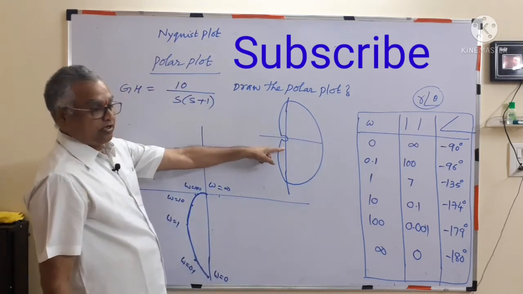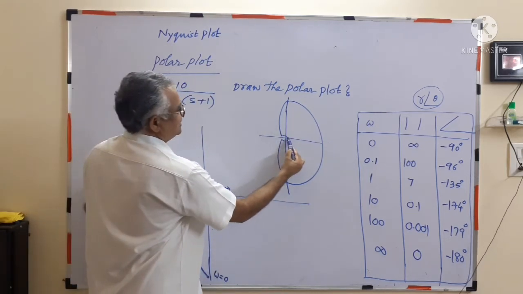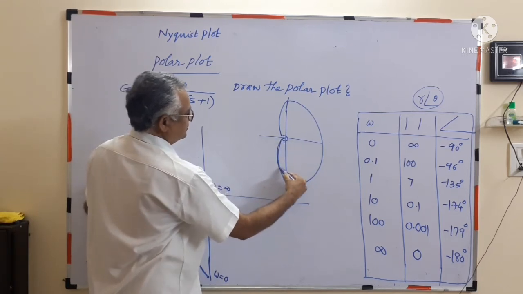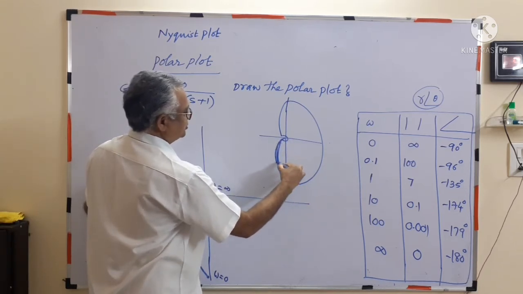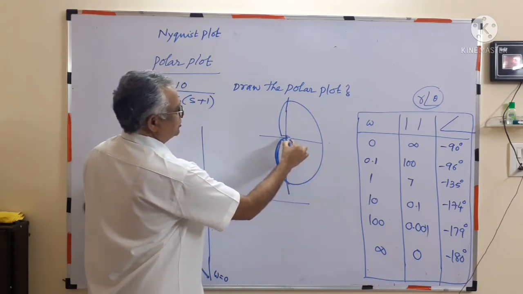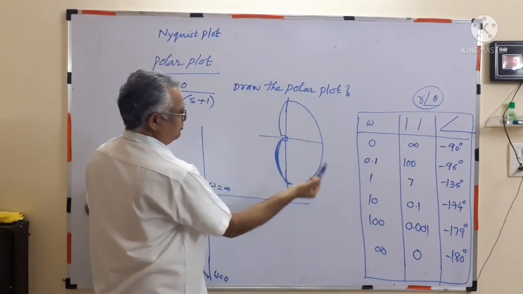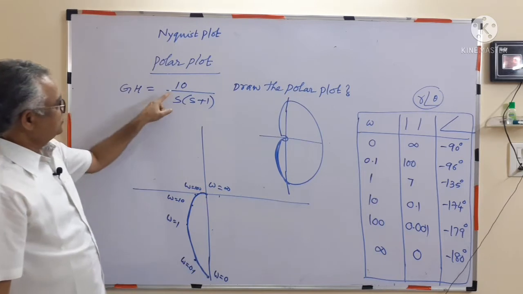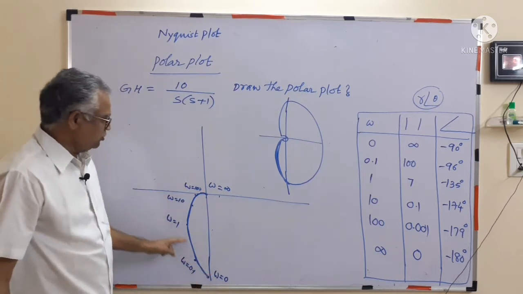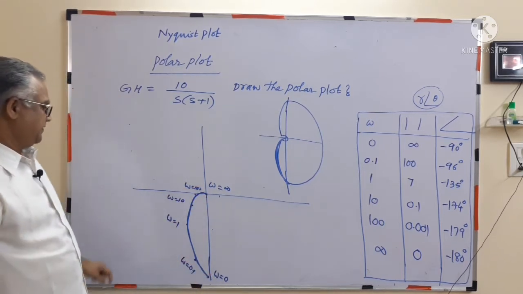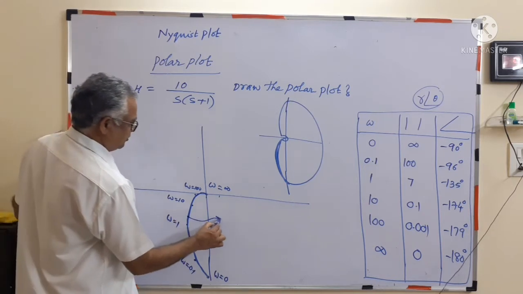But this is almost 0, so you can also connect like this. What is this portion? This portion is a polar plot. So Nyquist plot is also a polar plot. So this polar plot is this, 0 to infinite.